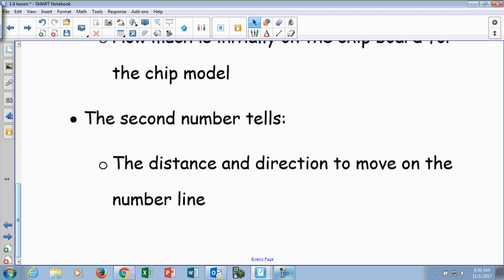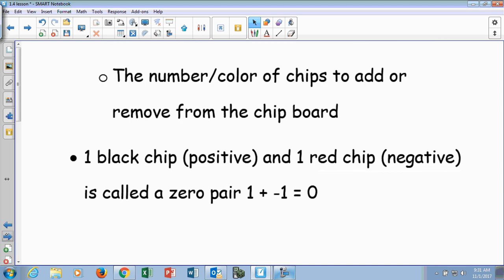If we're subtracting, we're going left. If we're adding, we're going right. Okay? Guys, stop playing with the chips. So adding, we're going right. Subtracting, we're going left. Okay? On the chipboard, it's the number or color of chips that we add or remove from the chipboard, right?